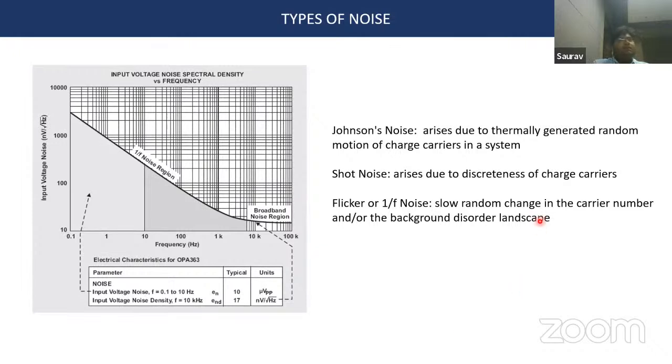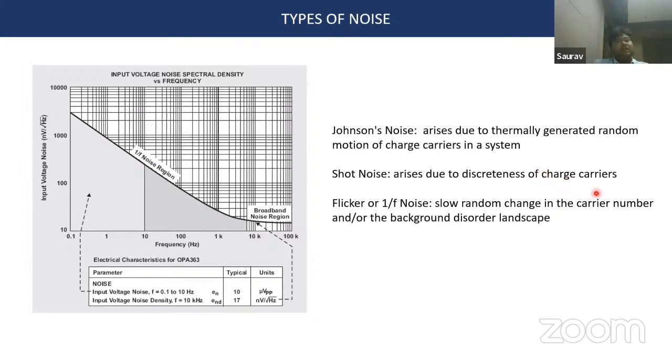At finite temperature, electrons are randomly moving around, and you will get voltage fluctuations if you measure the voltage across the sample. There is shot noise, which arises due to the discreteness of the charge carriers. And again, the electrons being particles in this context will go through various scattering, and you will get voltage fluctuations.